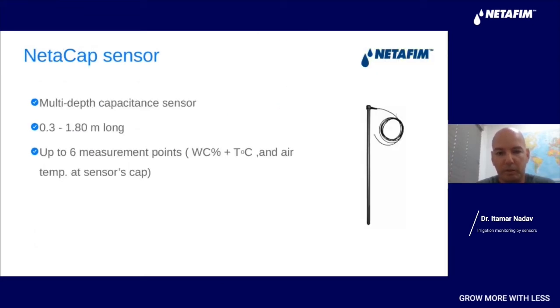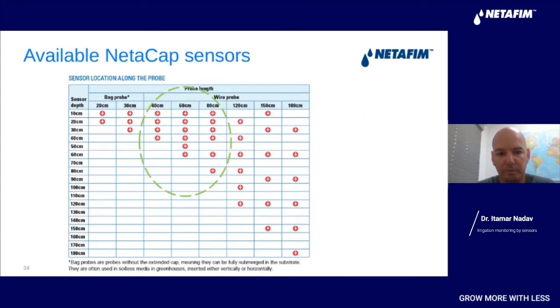So this is the sensor. You can see that it's a pole. It's a multi-depth capacitance sensor, and it has several lengths between 0.3 and 1.8 meters long. It has up to 6 measurement points of water content and temperature.